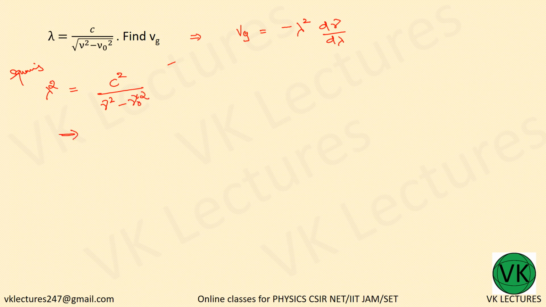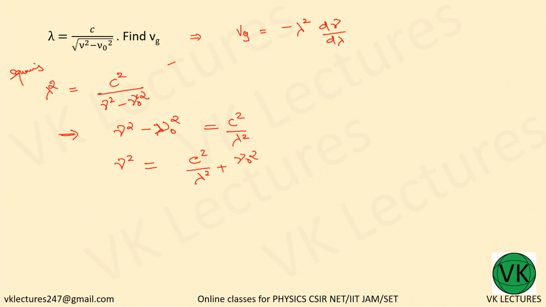Then you can just rearrange: nu square minus nu naught square equal to c square divided by lambda square. And what is nu square? Nu square will be equal to c square by lambda square plus nu naught squared.